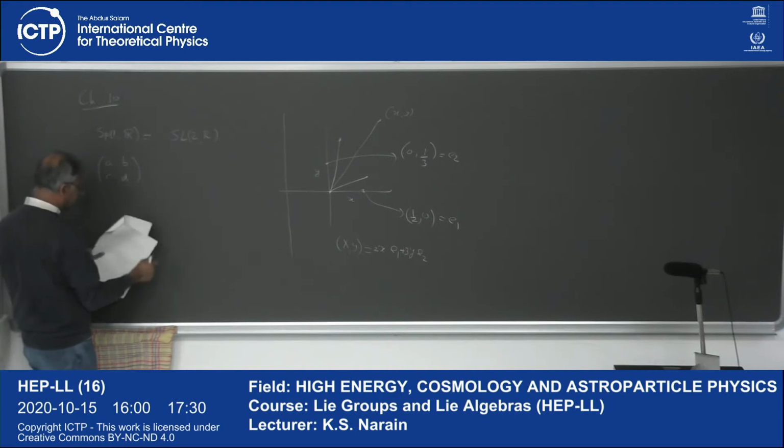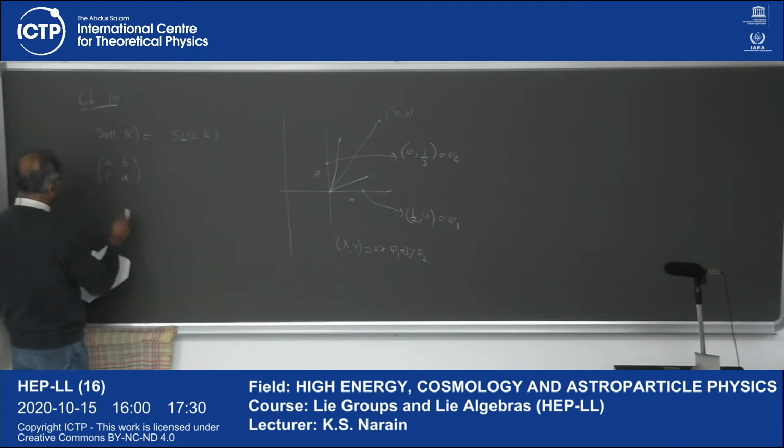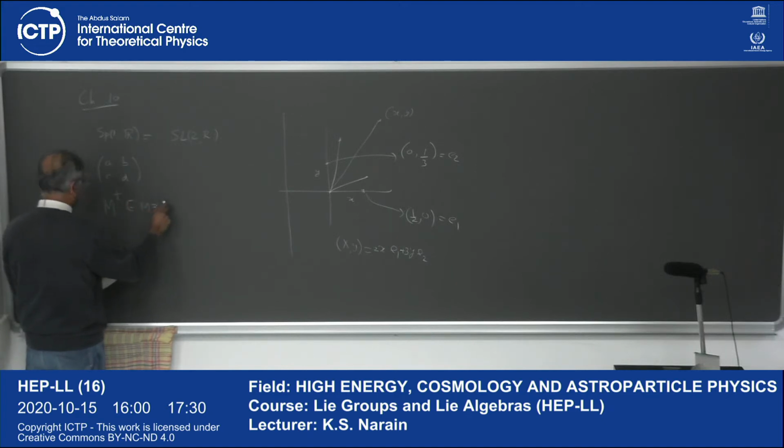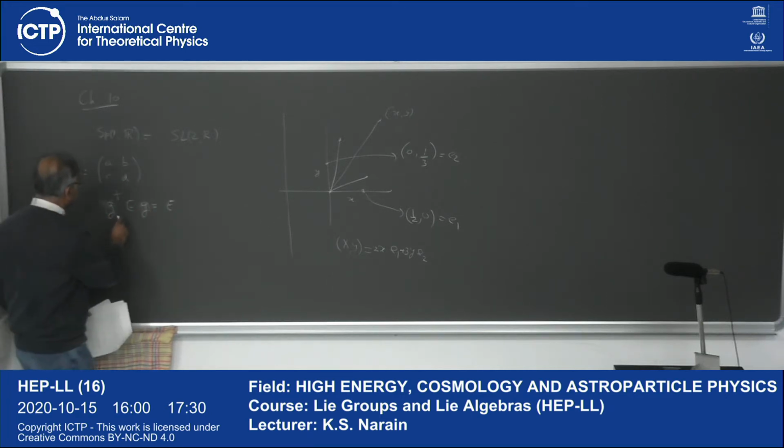Then we impose the condition. Let's look at the group level. The equation G transpose E G was equal to E. As we already argued, both sides are antisymmetric, so there's only one condition for this case.